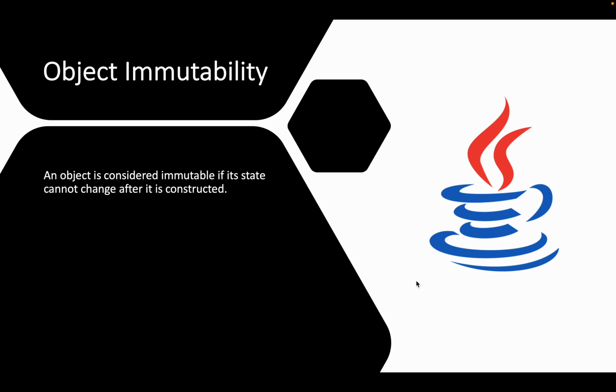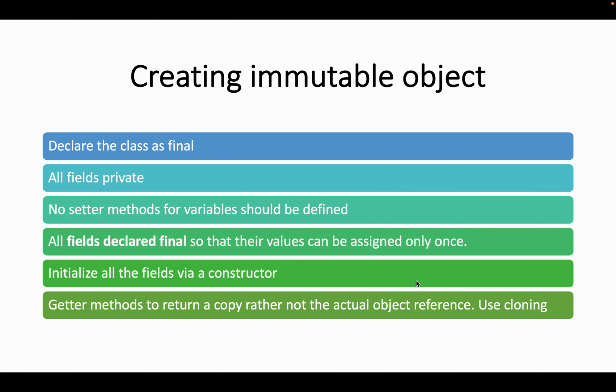Object immutability. We already talked about object immutability a bit in one of our previous lectures. So an object is considered immutable if its state cannot change after it's constructed. So after it has been created, its state cannot change. The question that now lies is, how do you create an immutable object? First, we saw with the String class that you declare the class final.